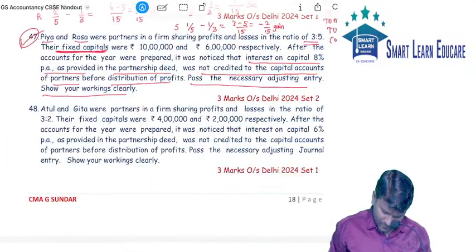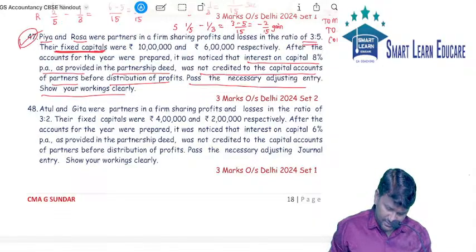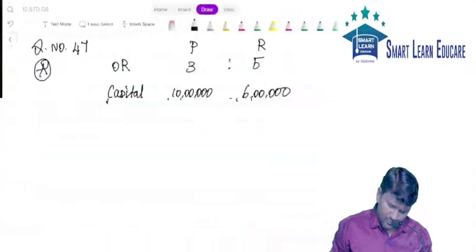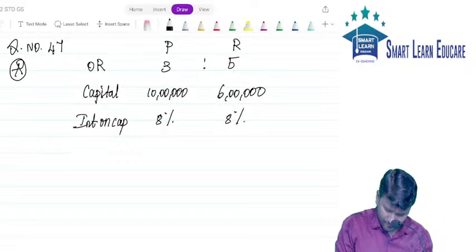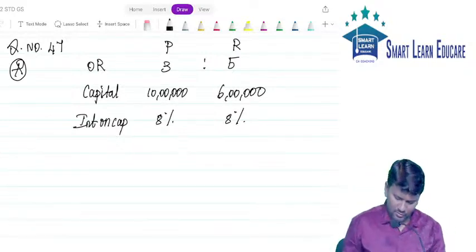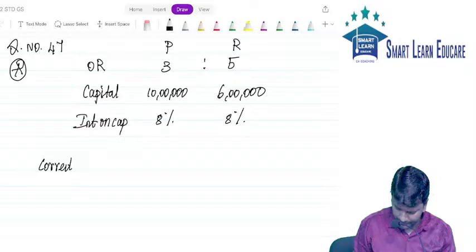Next, what is missing? Interest on capital is missing. Interest on capital 8%. Now, first, it is very simple. First, the correct treatment should be added.